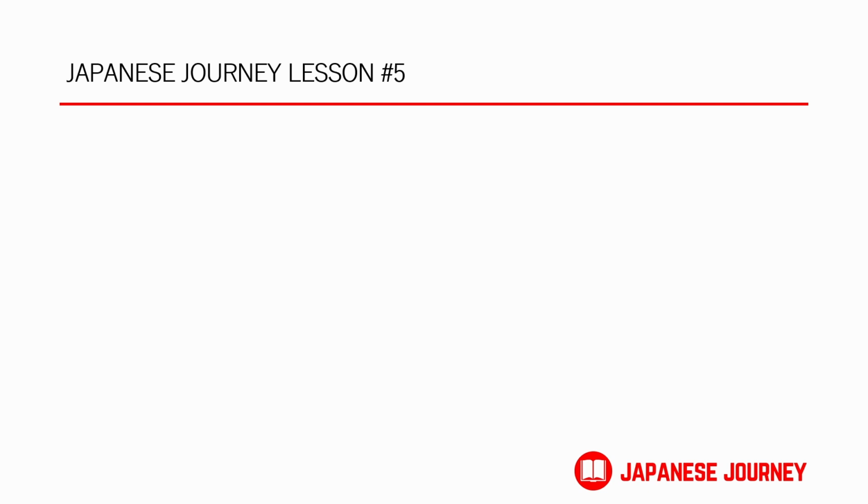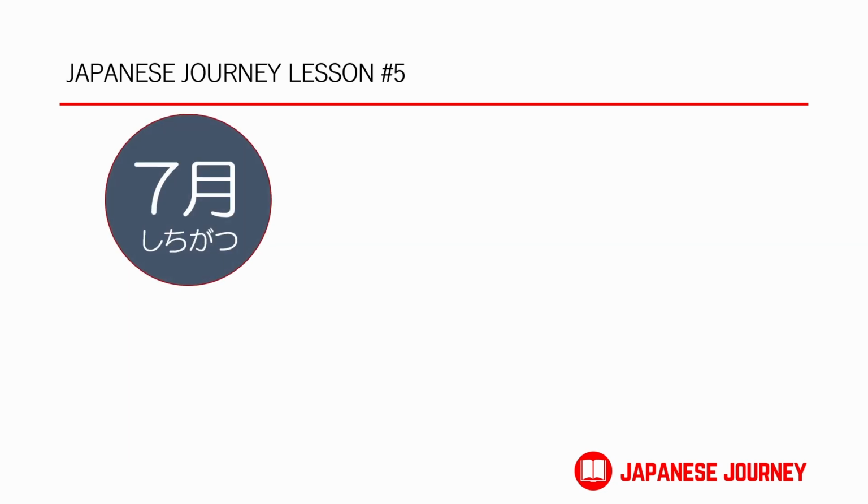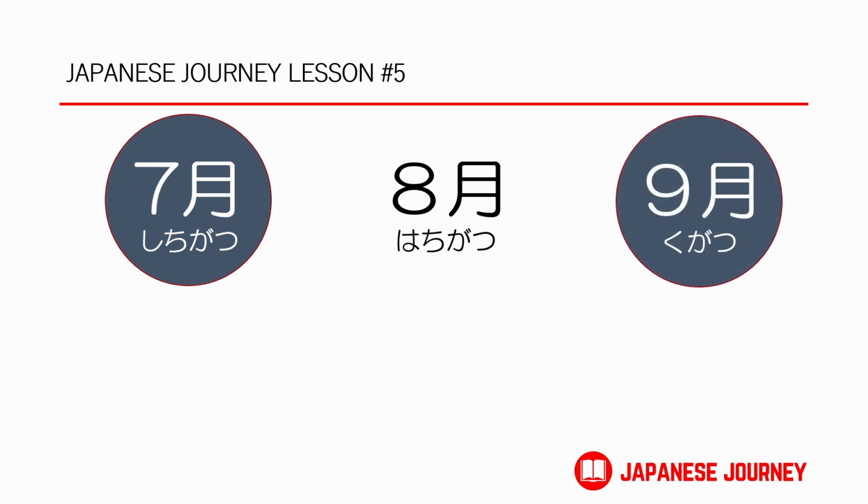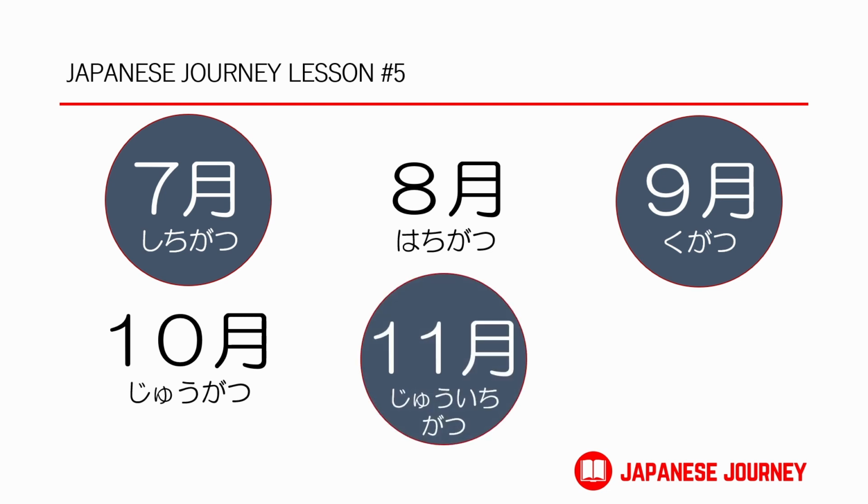Now, let's look at the months in the second half of the year. July 7月, August 8月, September 9月, October 10月, November 11月, December 12月.